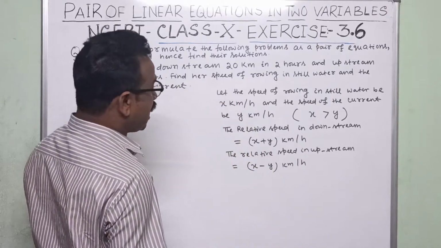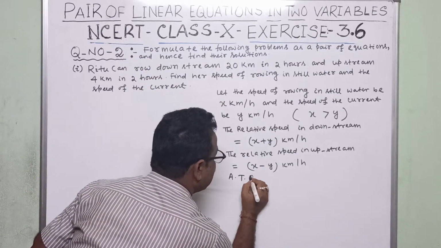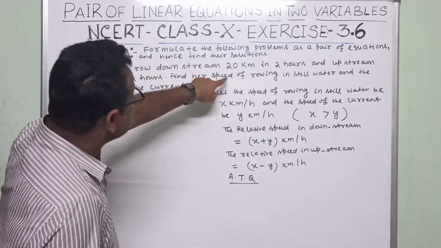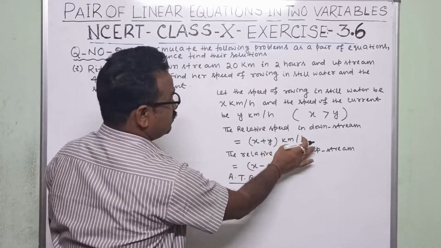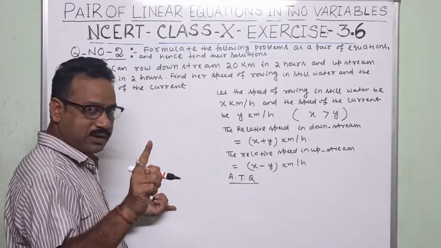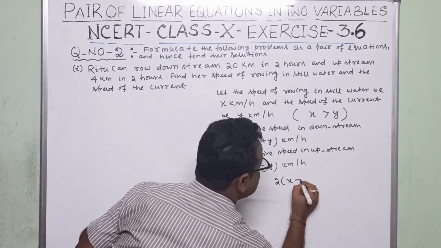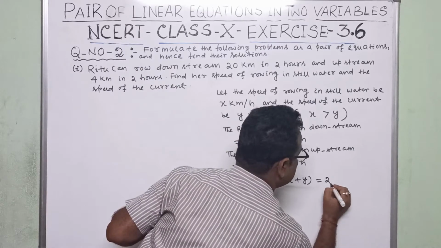Okay. Now, according to our question, what is given? Ritu can row downstream 20 km in 2 hours. So downstream x plus y kilometer per hour in 2 hours. So 2 into (x plus y) is equal to 20.